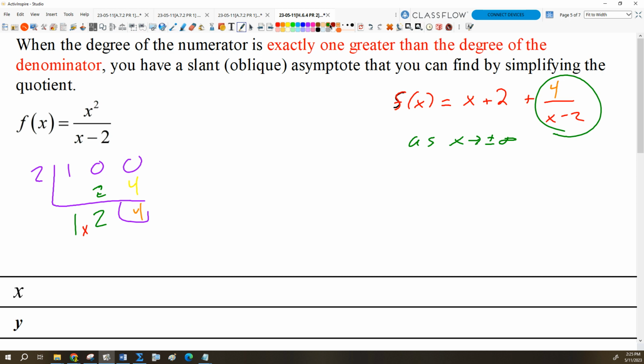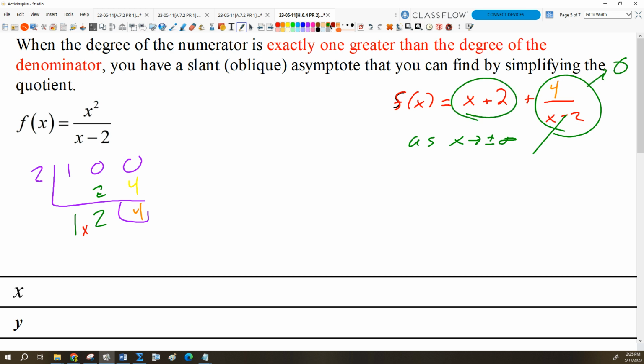It's getting smaller. Like what's bigger, 1/1000th or 1/1 trillionth? 1/1000th. 1/1000th is a lot bigger, isn't it? Right?